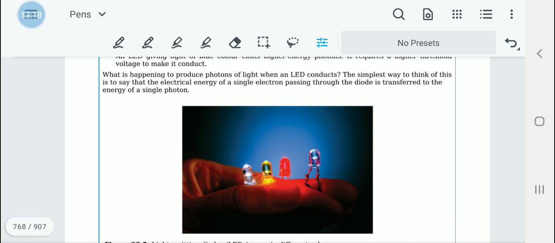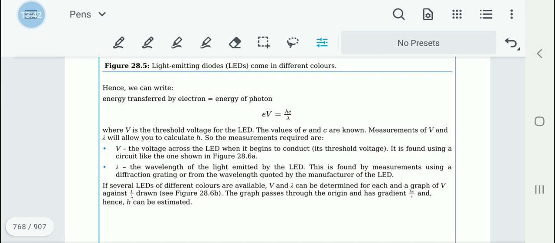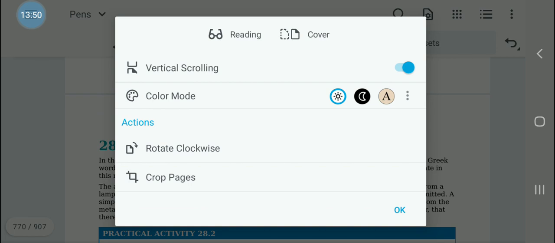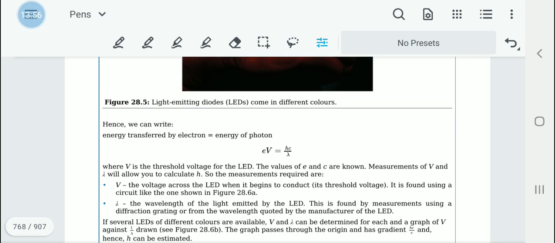When electricity passes through an LED, the electrical energy of a single electron gets transferred to the energy of a single photon. As a result, we get the equation: energy transferred by electron equals energy of photon, eV equals hc upon lambda.